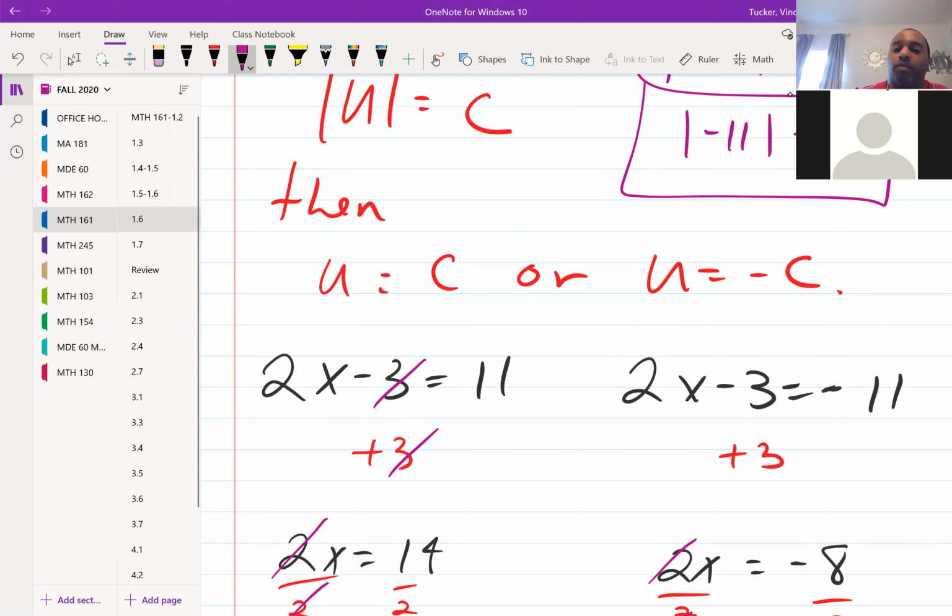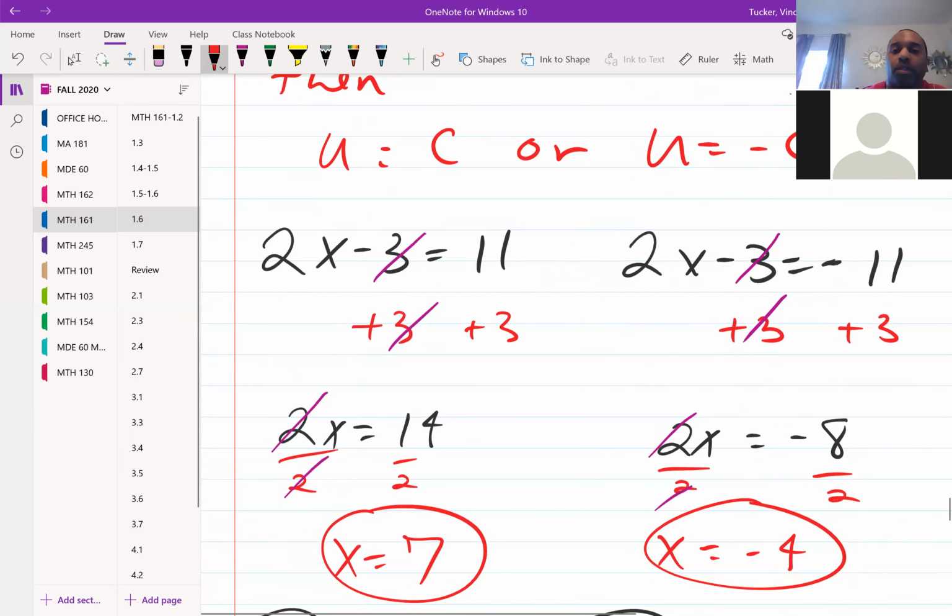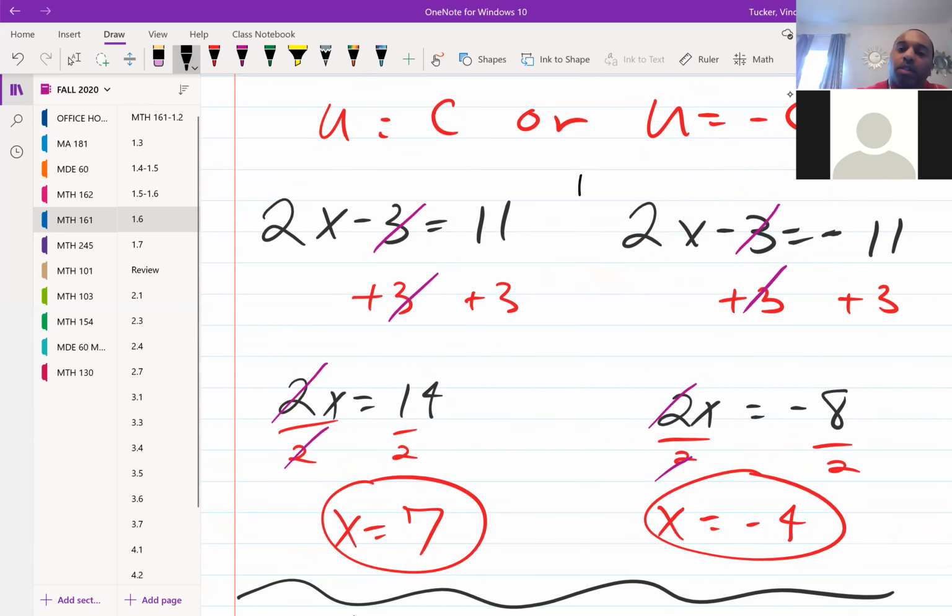Those 3's cancel in both cases. So in both cases, you add 3 to both sides. They cancel out on the left side of the equations. Divide by 2, and you have the two solutions of x equal to 7 and x equal to negative 4.